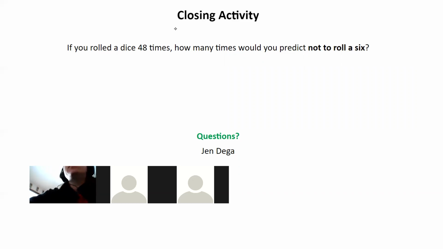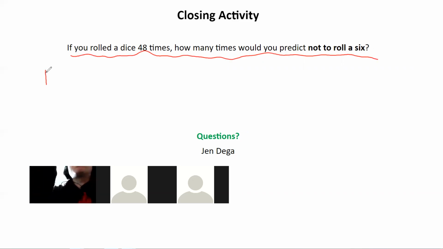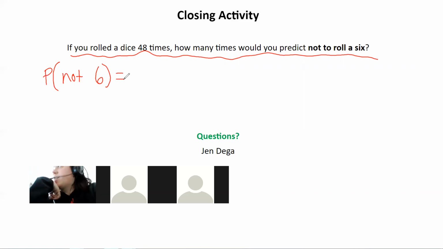So first thing I want to do here is find the theoretical probability of not rolling a 6. What do you guys think that probability would be? How many times are not 6 compared to the total amount of sides? How many sides on a dice are not 6?